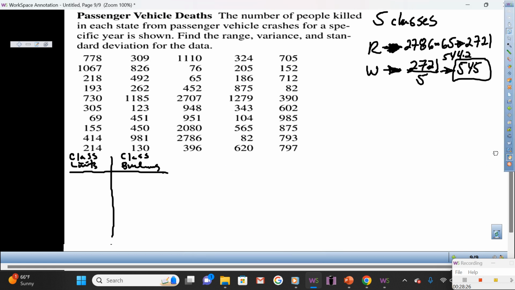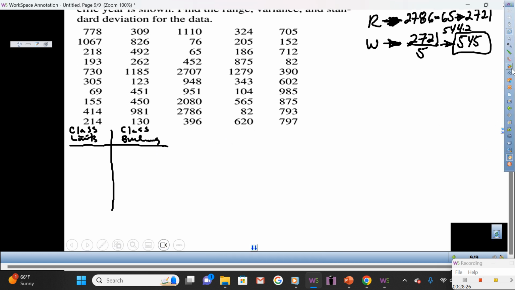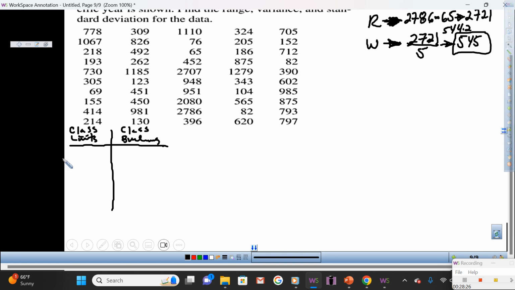See if you remember, tell your neighbor. Our table, what do we start with? Very good. 65. And then we add 545, so that gives us 610 on the next class.